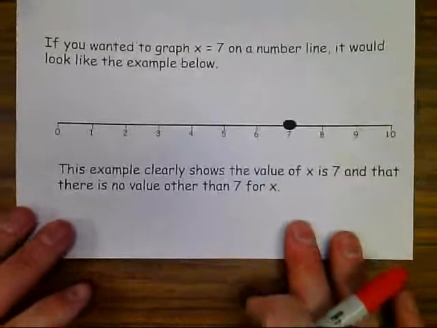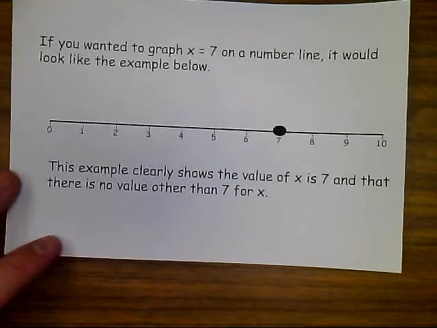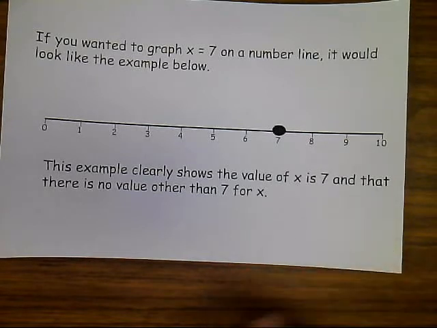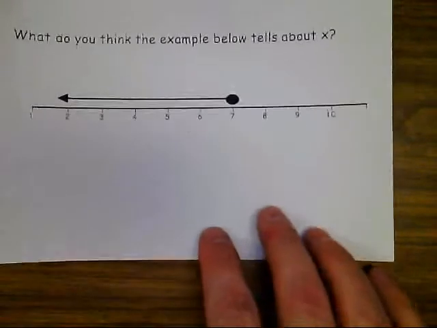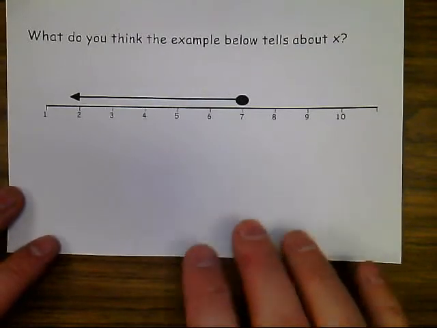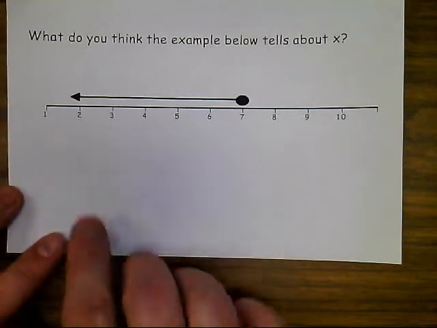Now, if you wanted to graph x equals 7 on a number line, this is what it would look like. So that makes a lot of sense. We've done that before. It clearly shows the value of x is 7, and there's no other value of x other than 7. All right? So when we look at this number line, you can see that arrow means something. And what that indicates to us is that x could be 7 or something less than 7.